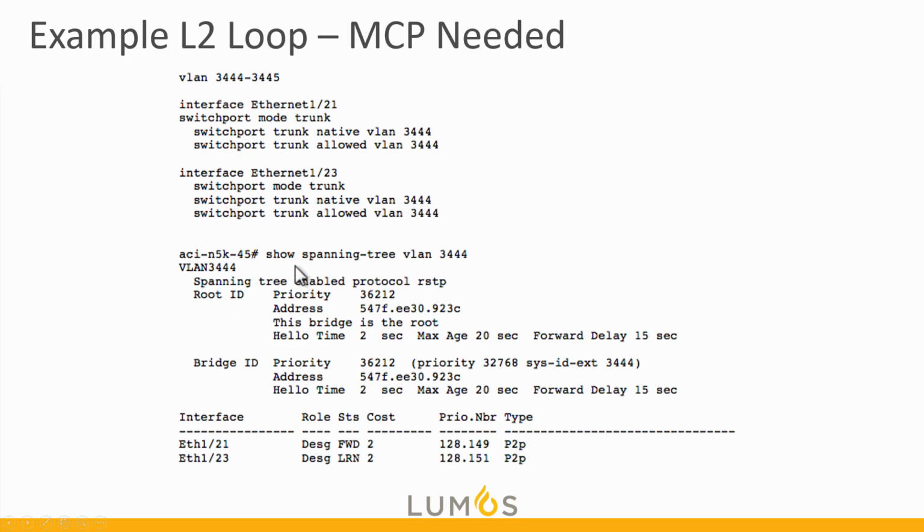So now we do a show spanning tree VLAN 3444, and we see that interface E1/21 and 1/23 are designated forwarding, and one is learning, but it should be forwarding soon. I happen to capture this. And the bridge is the root because it's really the only bridge.